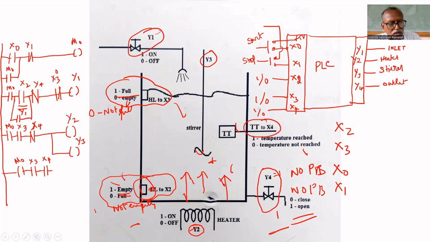So in place of X4, we use Y2 bar. Once the heater is turned off, it will be turned on. So tank is full, heater is off, M0 is 1, so the timer will be turned on.